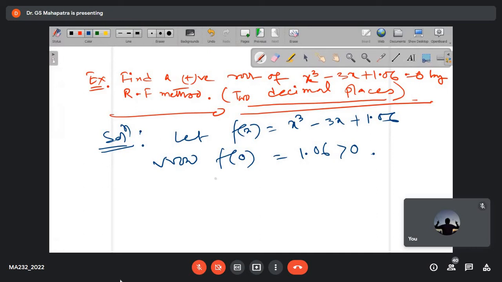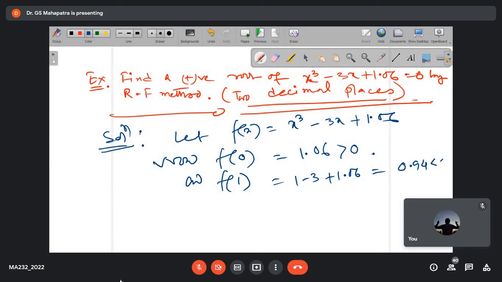And f of 1 is 1 minus 3 plus 1.06, which equals minus 0.94.